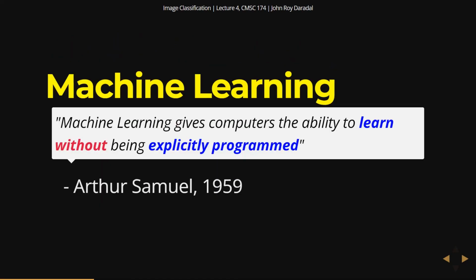I'm sure you've heard of the term machine learning before, but what is machine learning formally? Arthur Samuel in 1959 said that machine learning gives computers the ability to learn without being explicitly programmed. So it can learn without being explicitly told that, hey, this is a cat, this is a dog. It can just learn through training.